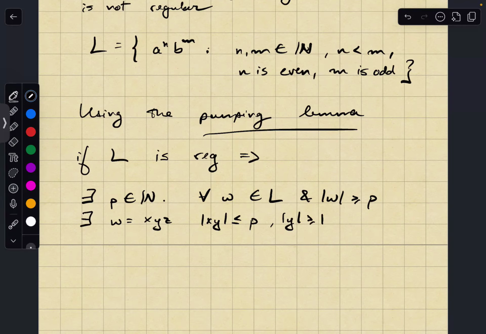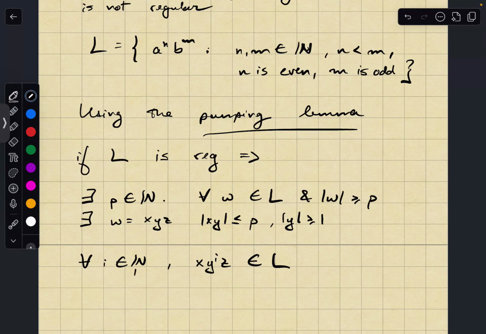So no matter which i you pick, if you pump y i times, that's why it's called the pumping lemma, injecting y into the decomposition i times, then the string x y^i z will remain in L. This is what the pumping lemma says.